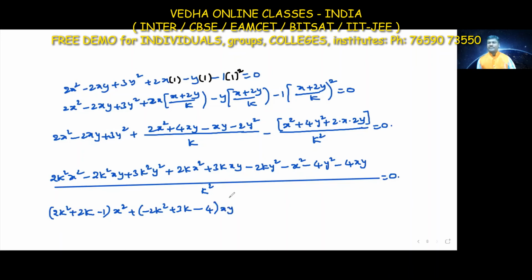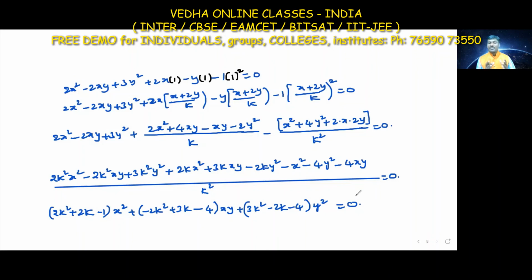Now take y square terms also: 3k square y square, then minus 2k, and then minus 4 into y square. Dividing by k square, 0 into k square is 0.